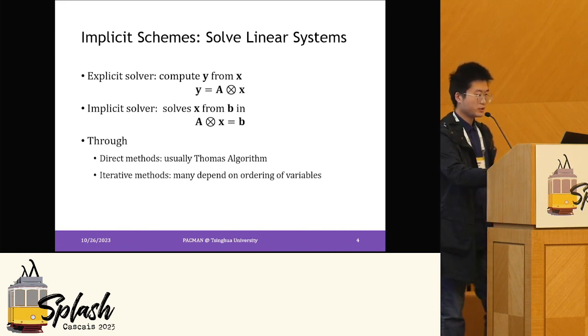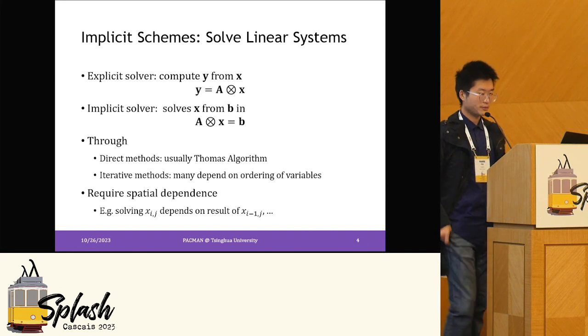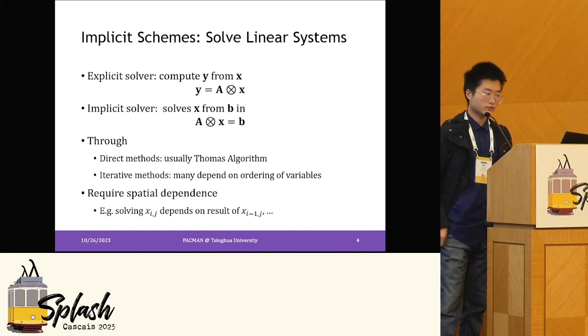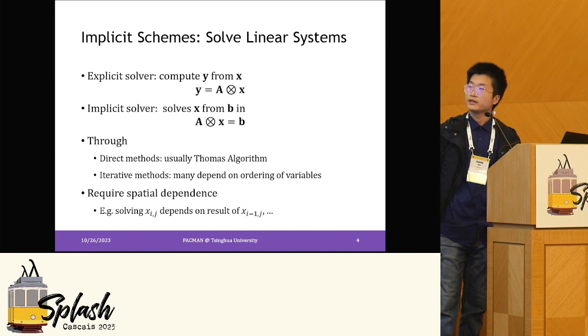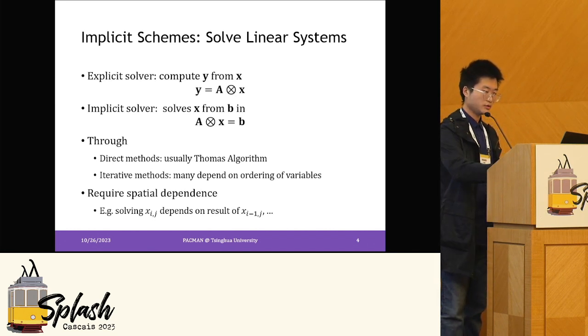The solving can be achieved through direct methods and iterative methods, both of which will require spatial dependence, like it needs to first solve x minus 1j and then get the xij to be determined.